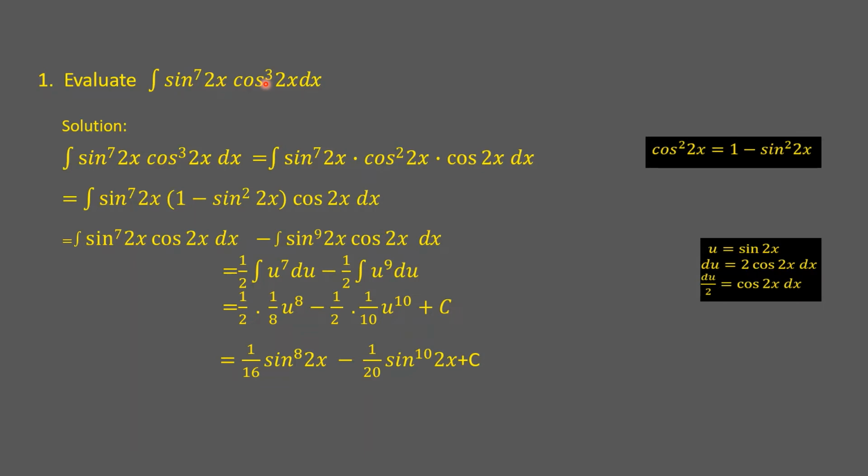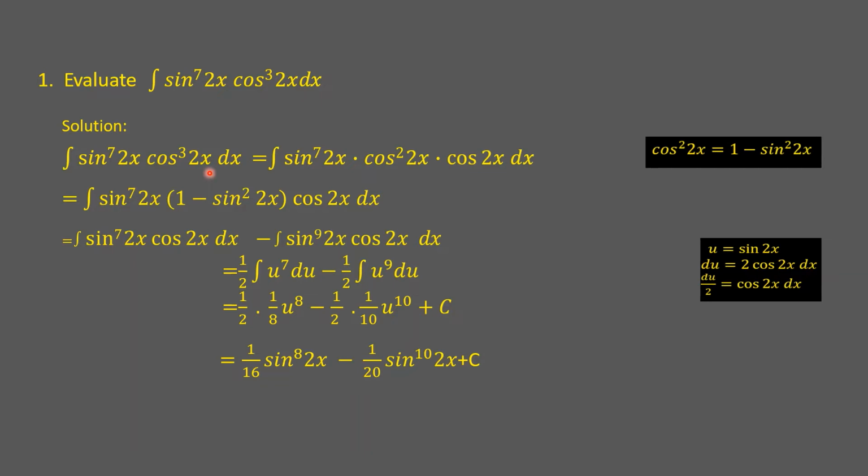So, to which factor do we apply the transformation? In a case like this, where both exponents are positive odd integers, we apply the transformation to the factor that has a smaller exponent. In this case, we will be transforming the factor cosine cubed 2x, expressing this in terms of sine x.